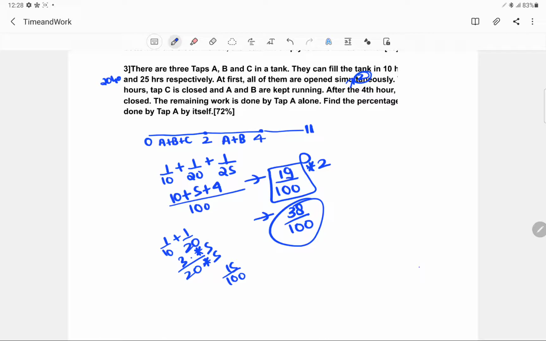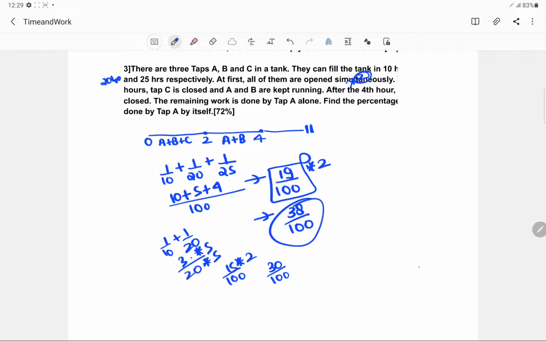So for the next 2 hours, in 1 hour they are filling 15 by 100 of the tank. So for the next 2 hours, they will be doing 30 by 100 amount of the work.